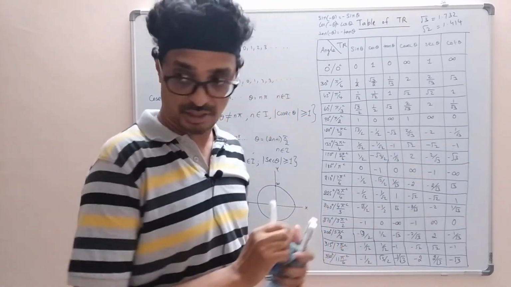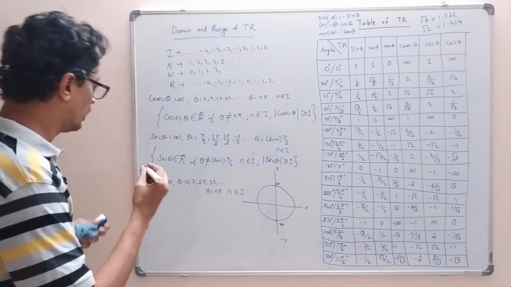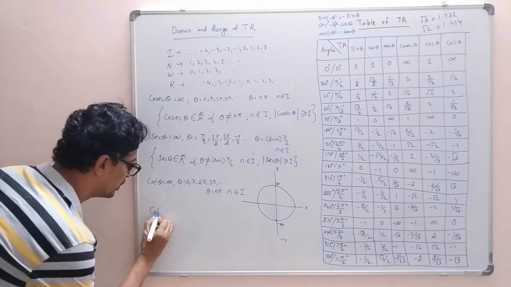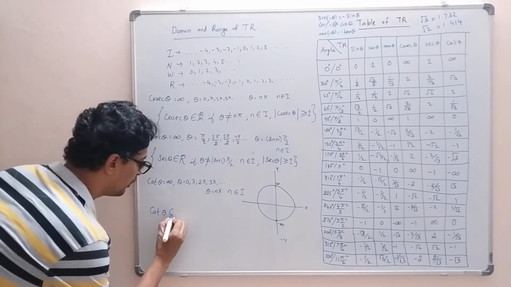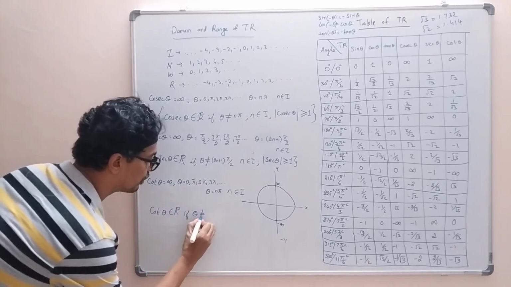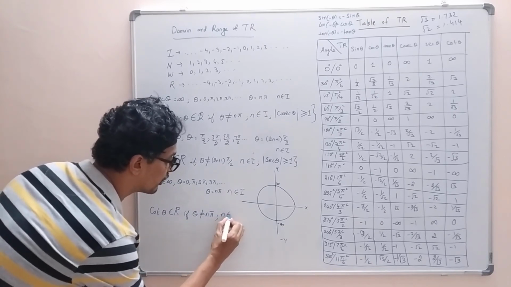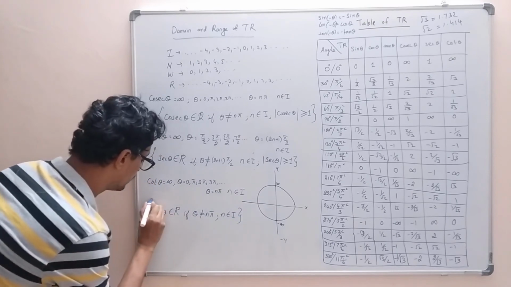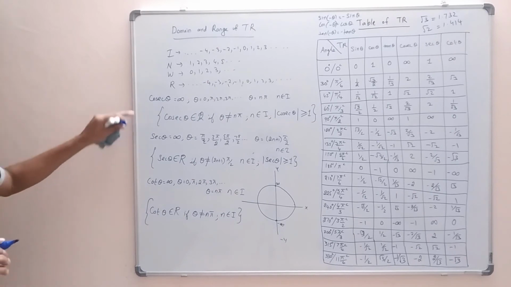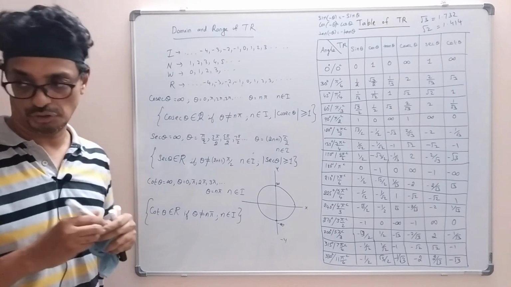Correct? Therefore the domain and range of cot theta: cot theta is an element of real number if theta is not equal to n pi, and n is an element of integer. You got it? So this defines the domain and range of all the trigonometric ratios.